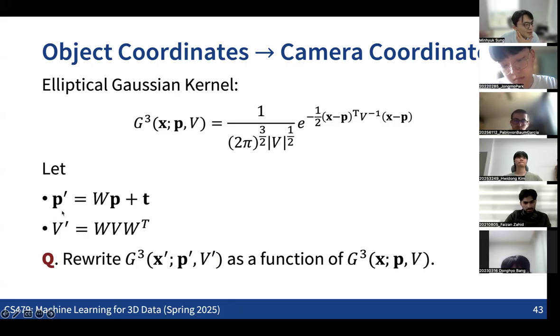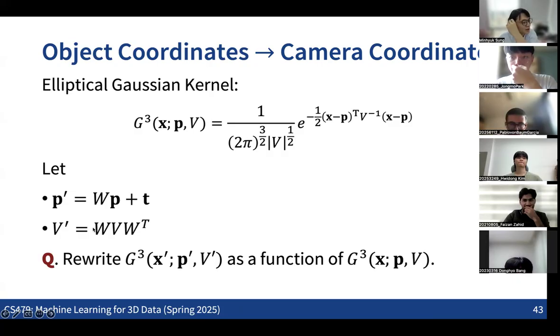Obviously you can see that this will be the transformed point and variance in the camera coordinates, right? So I'm giving you the information that in the camera coordinates, the center of the Gaussian kernel will be this P prime defined like this, and the variance will be defined in the form of V prime.